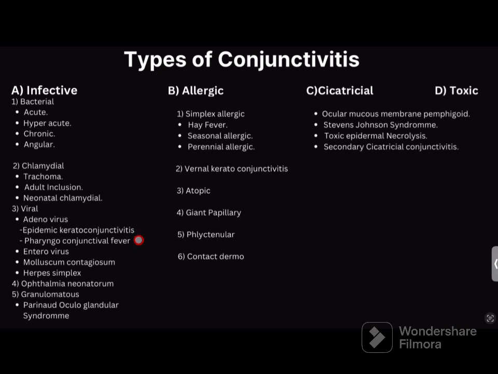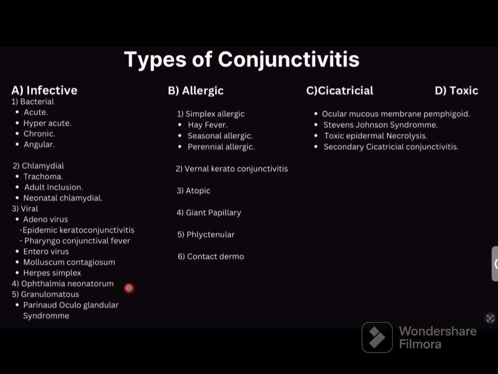Then after adenovirus, you will have your enterovirus conjunctivitis, molluscum contagiosum, and herpes simplex conjunctivitis. Ophthalmia neonatorum is a separate entity and also an important short essay as well as a long essay question for you, which will be dealt with in detail. Granulomatous type of conjunctivitis is nothing but your Parinaud oculoglandular syndrome.